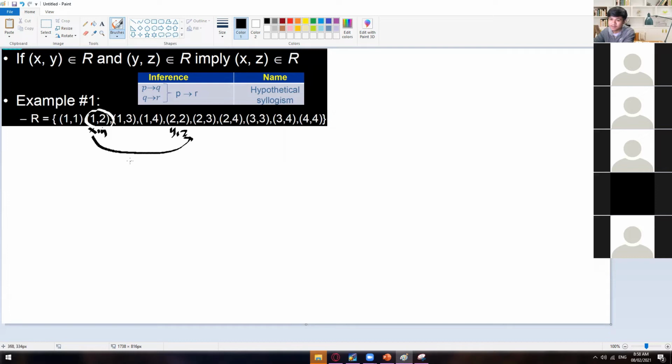All right, so again, if we have x, y and then y, z, you should come up with another ordered pair, which is called x, z. I would like you guys to verify the remaining ordered pairs, whether they make this a complete transitive relation.